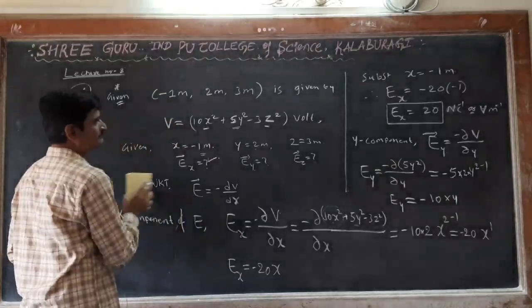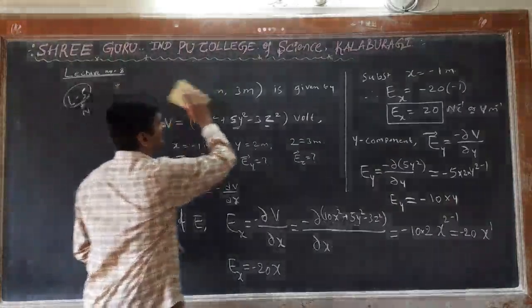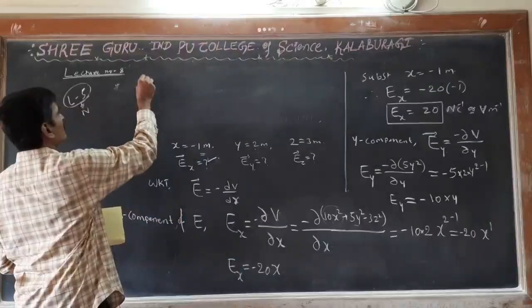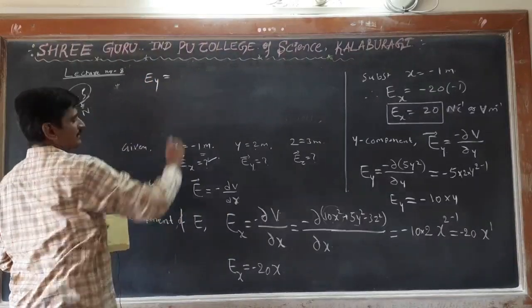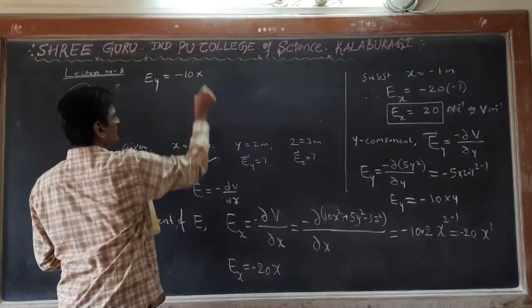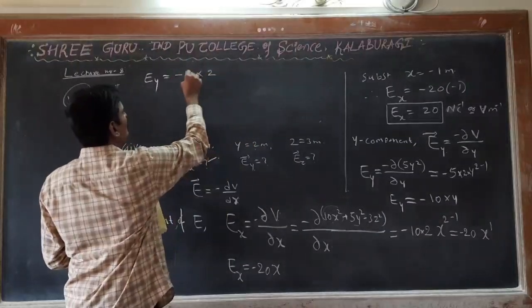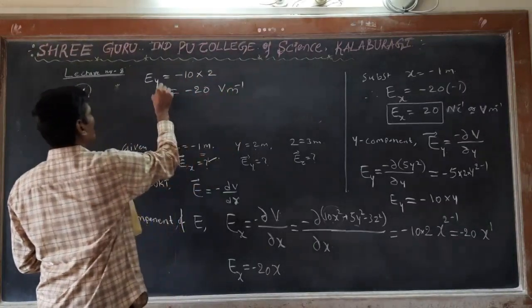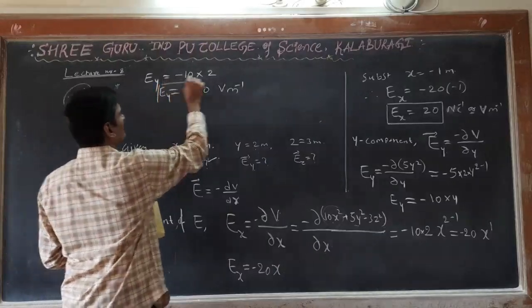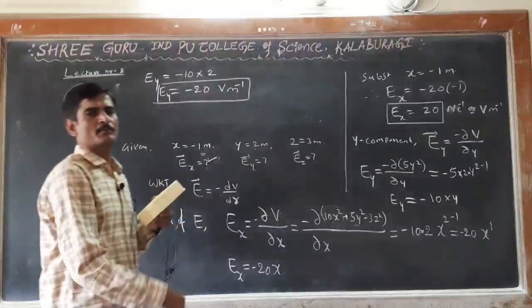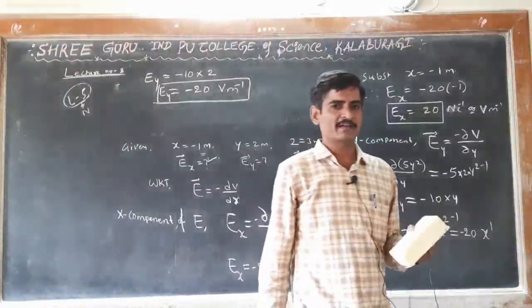So Ey is minus 10 into 2, minus 20 volt per meter. This is Ey, the component of the electric field along the y-axis.